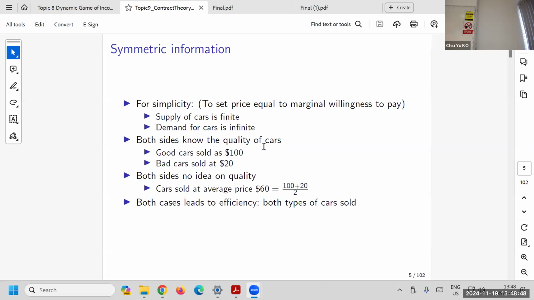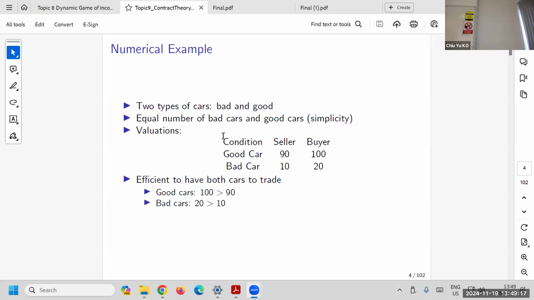And if both sides have no idea about quality, that's also fine. Then the price is set at the buyer's expected valuation, 60. Because the buyer doesn't know and the seller doesn't know, at 60 everyone's happy, everyone's getting what they want. The seller, on average, values the car at 50, half of 90 and half of 10.